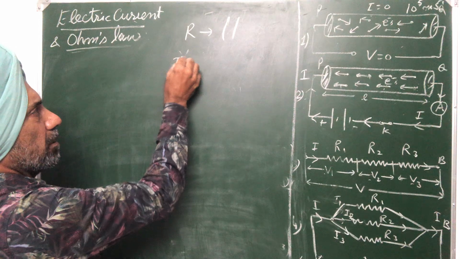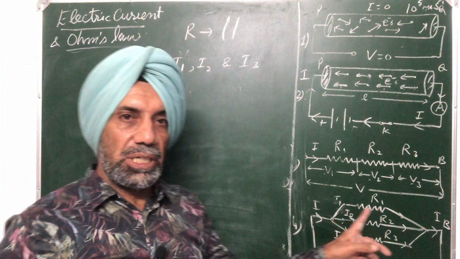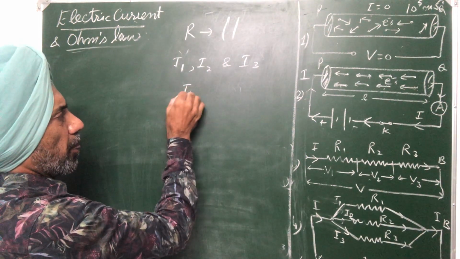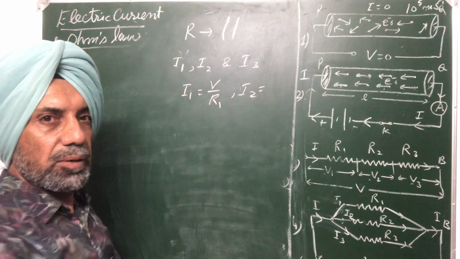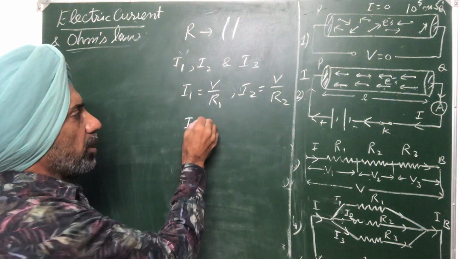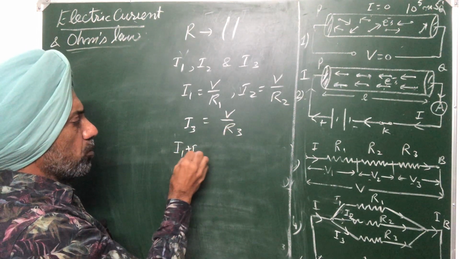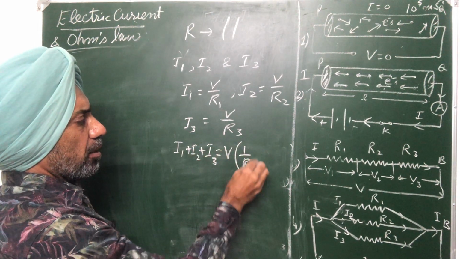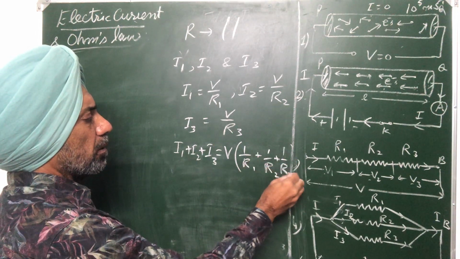So let I1, I2 and I3 be the currents through R1, R2 and R3 respectively. Then by Ohm's law, I1 will be equal to V upon R1, I2 will be equal to V upon R2, I3 will be equal to V upon R3, and if we add them, I1 plus I2 plus I3 equals V common, 1 upon R1 plus 1 upon R2 plus 1 upon R3.